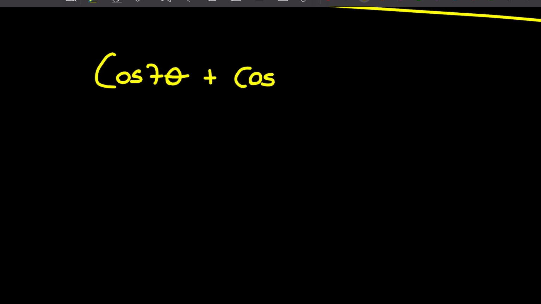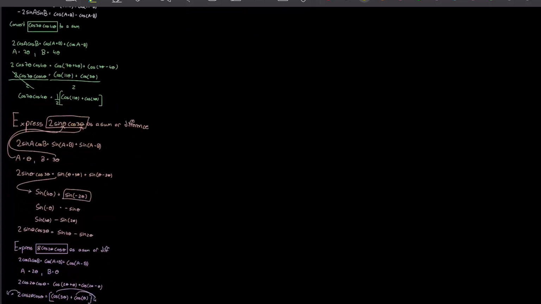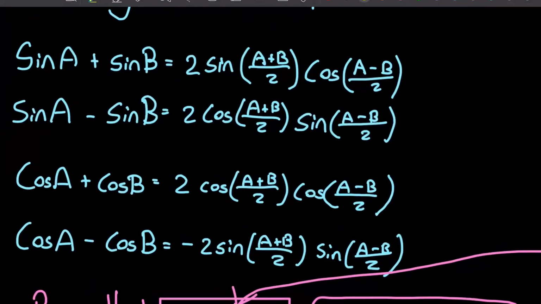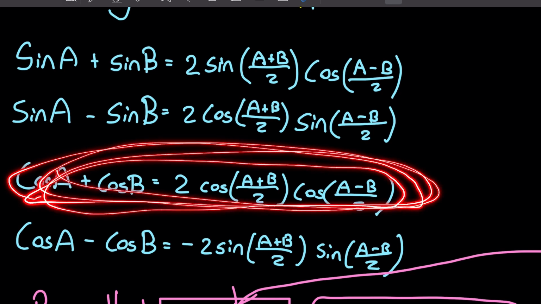So cos of 7 theta plus cos of theta. They want us to convert this to a product of two terms. So we know that when it's cos A plus cos B, if we go down here again, look for cos A plus cos B, well, if you find it, you'll see it right here. It's going to be equal to 2 cos A plus B over 2 times cos A minus B over 2.